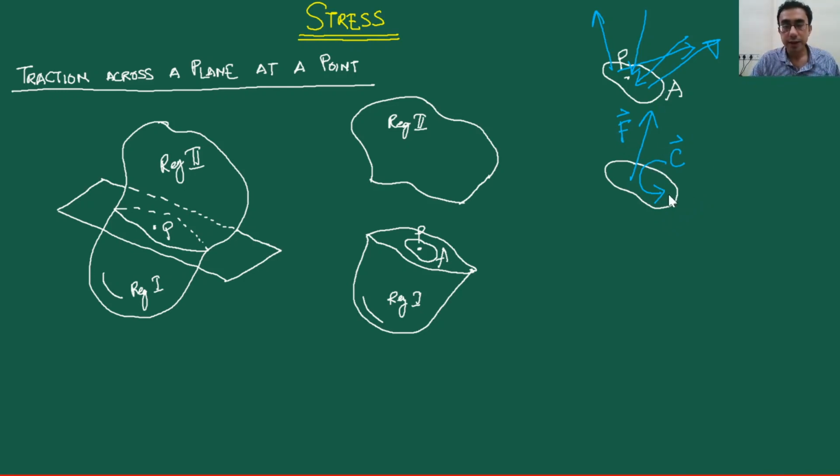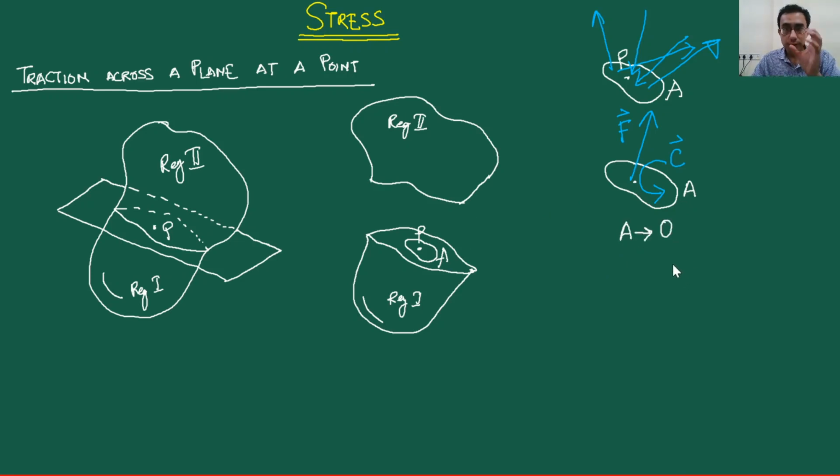They are statically equivalent. I hope you remember something about the statical equivalency of a distribution of forces from your first year mechanics. Alright. Now after we have that, what we are going to do is something very special. And this is where the importance of considering this little area A will be evident to you. What we are going to do now is make this area A very small.